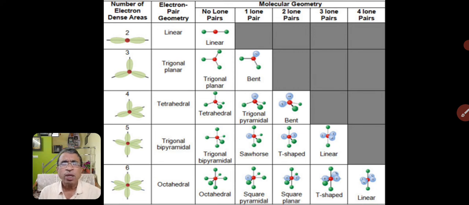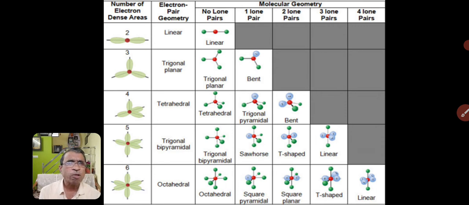Like this, even for a molecule having 7 atoms where one is the central atom and 6 are surrounding it, this gives octahedral geometry if no lone pairs of electrons are there. If one lone pair of electrons is there, it gives square pyramidal geometry.